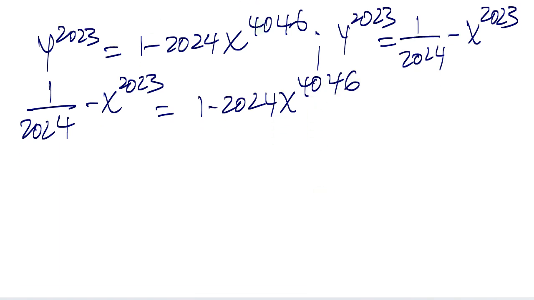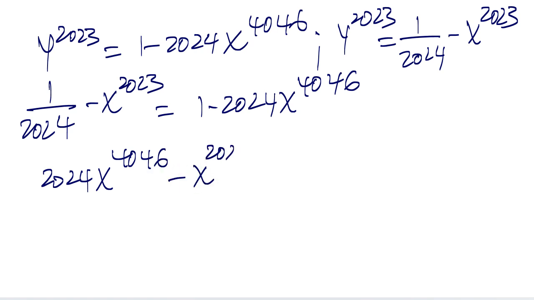And then what we have to do just is bring it to the left side of the equation. 2024 x to 46, and then this is going to be minus x to the 2023, and then we're going to have here plus 1 over 2024, and then minus 1 equals 0.